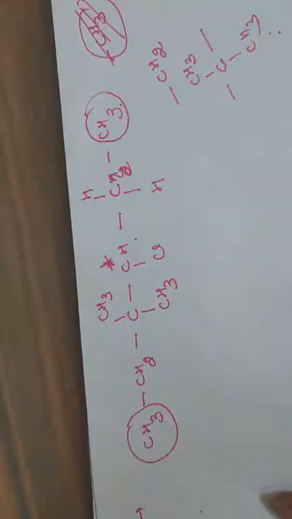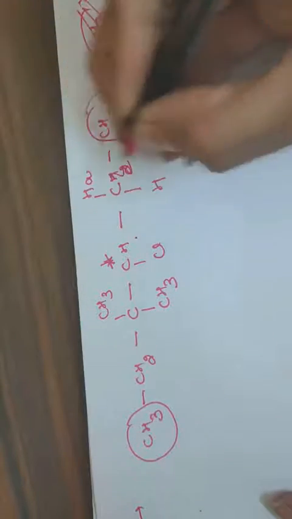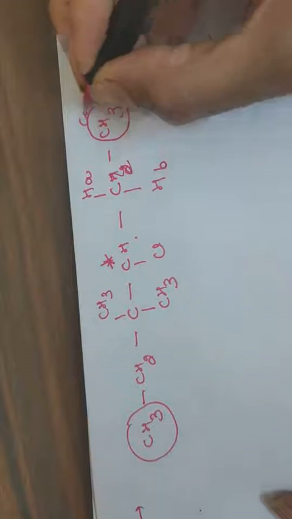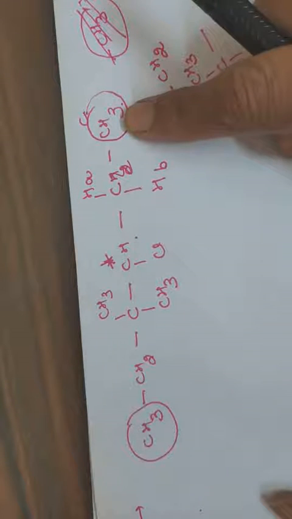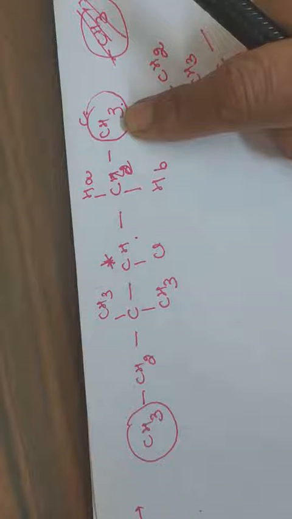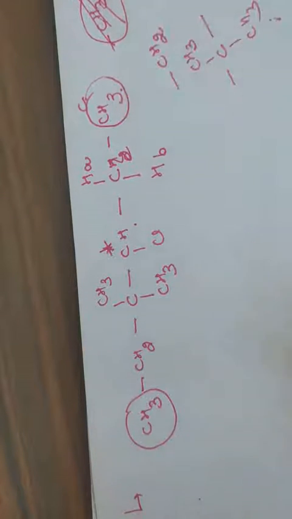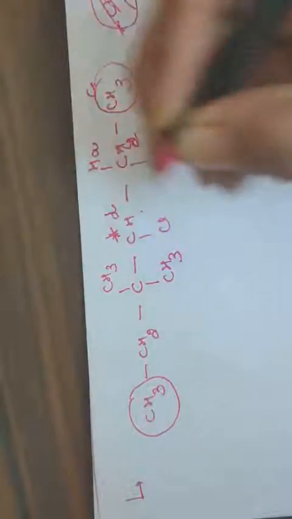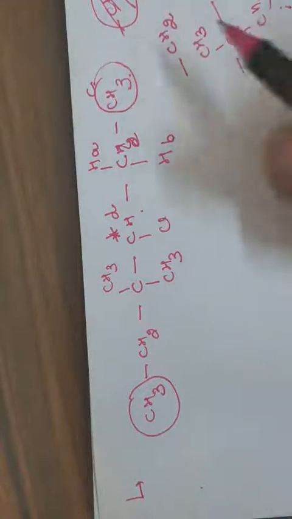Since a chiral center is present here, this proton will be different from this. Similarly, this is one type of proton. These 3 protons will be identical, as we have seen that all protons of a CH3 group are homotopic. So this is a different type of proton. It will be D because its environment is different from the others.